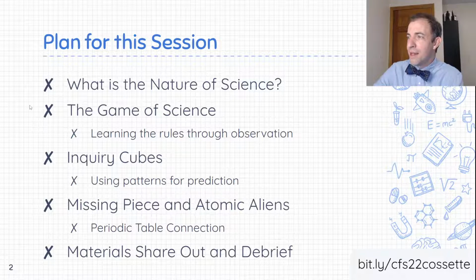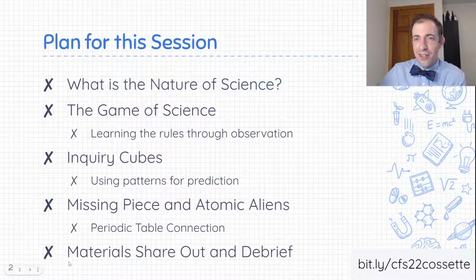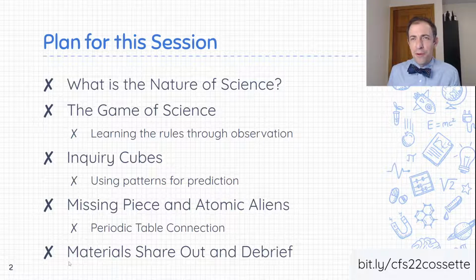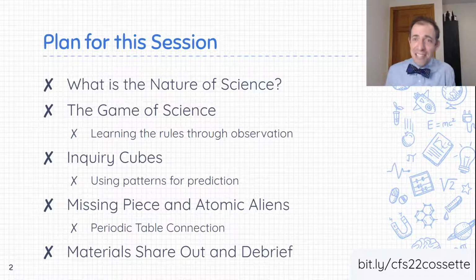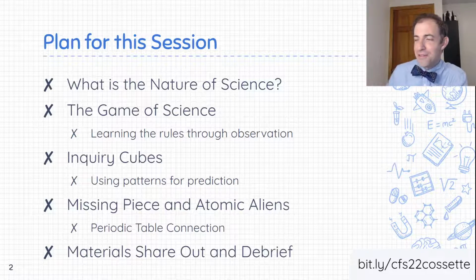We'll talk about something called the game of science, inquiry cubes, and a task called missing piece. At the very end, I'll describe where all of these materials can be downloaded for free from my blog, and then discuss a little bit about how all of these are connected through that umbrella of nature of science.